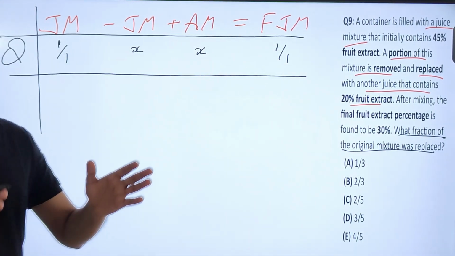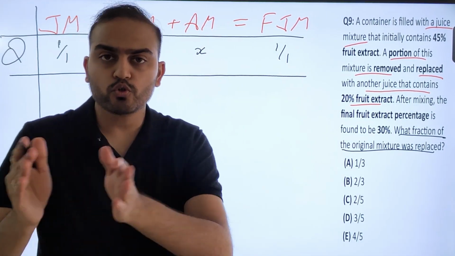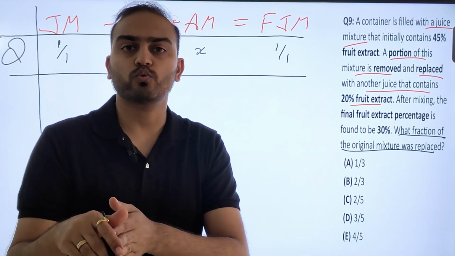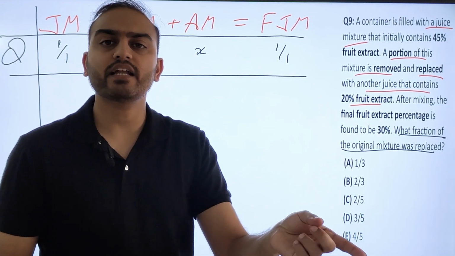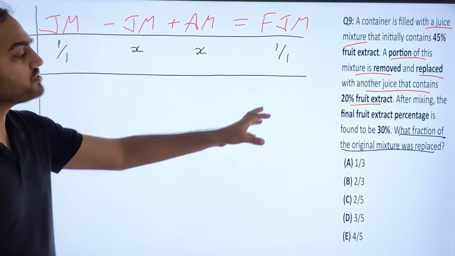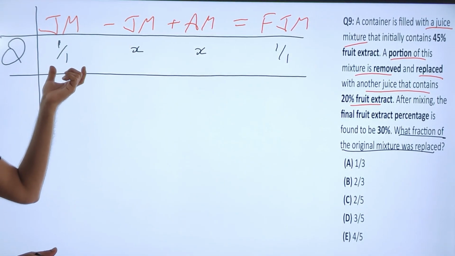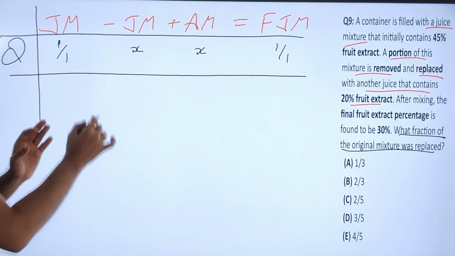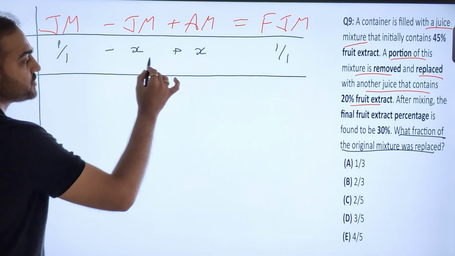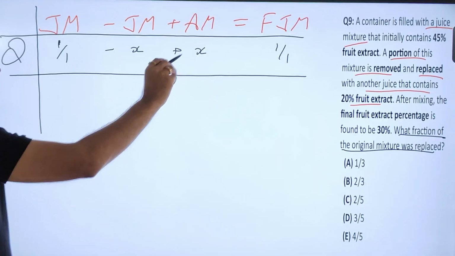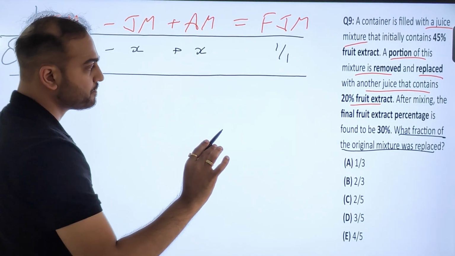For example, I had 10 liters, took 2 out and replaced it with 2, so in the end I again have 10 liters. Because the question asks for a fraction, I take the complete fraction, which is 1. From this, x fraction is removed and x fraction is replaced, which adds up to the complete fraction again.